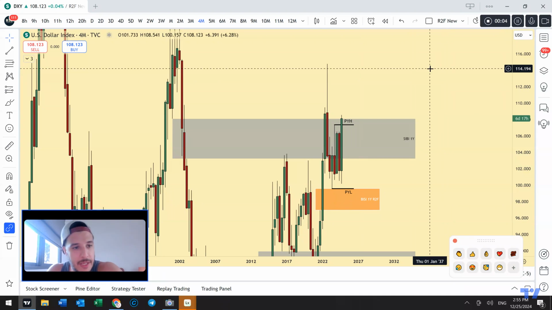I'm going to be doing an analysis on the US dollar index, otherwise known as the DXY. If you don't know what that is, it's basically a basket of currencies with the euro being the strongest, most impactful currency in the US dollar index basket.